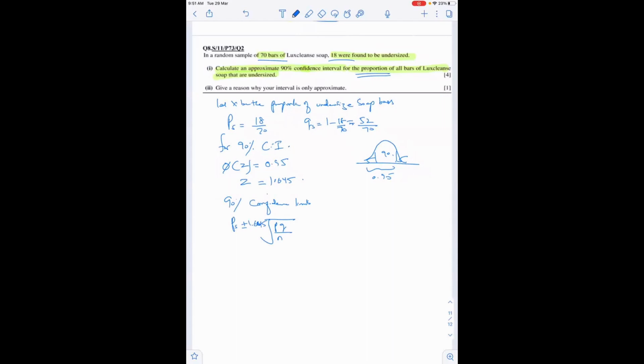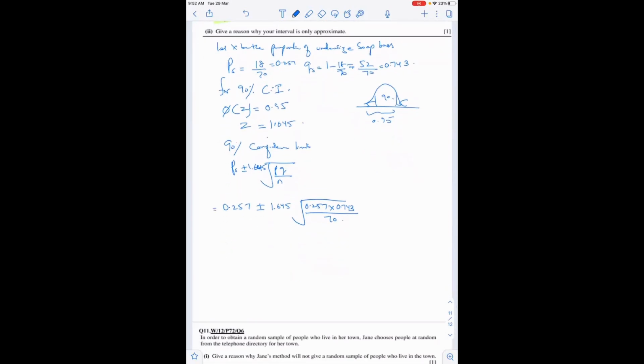I'm changing both of them into decimals for my convenience: 18 divided by 70 is 0.257, and 1 minus this answer is 0.743. So it's 0.257 plus minus 1.645 times the square root of 0.257 multiplied by 0.743 divided by the overall 70 bars. You just have to solve it and you'll get the answer.